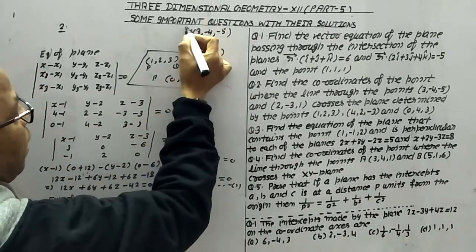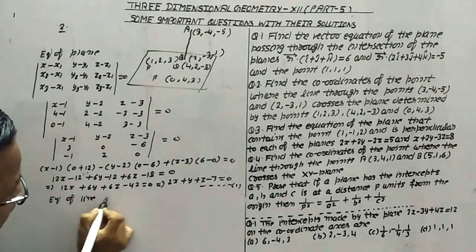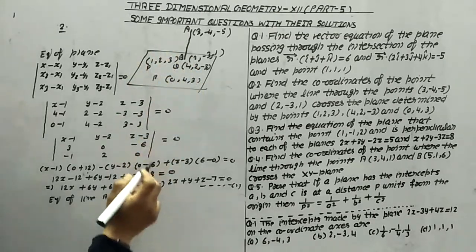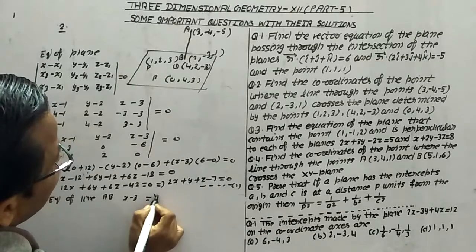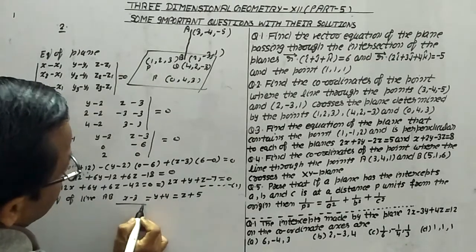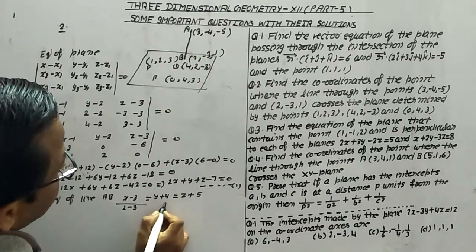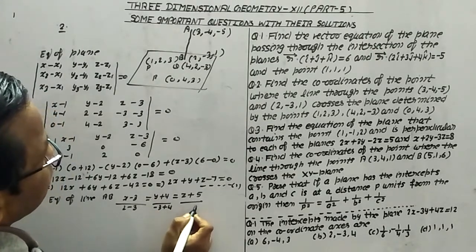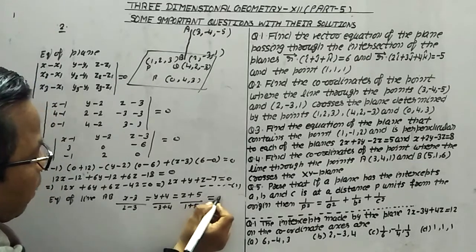So the equation of line AB is given by the rule: x minus x1, that is x minus 3, equals y plus 4, equals z plus 5, upon x2 minus x1, that is 2 minus 3, and then minus 3 plus 4, and 1 plus 5, equals lambda.